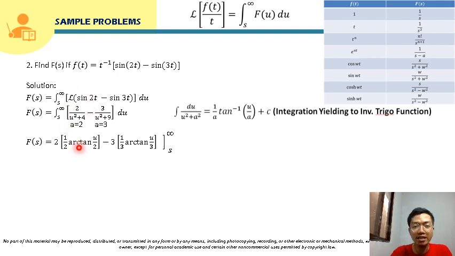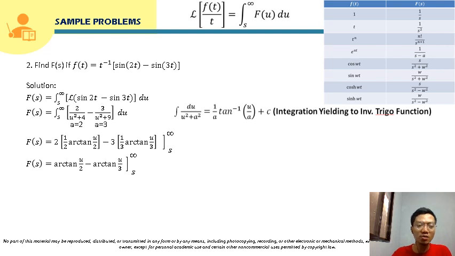And then arctangent of u over a, our a is 2, minus, for this, we factor out 3. And then 1 over a, our a is 3, arctangent of u over a, our a again is 3. So this will now be the integral, and then we will evaluate this from s to infinity.